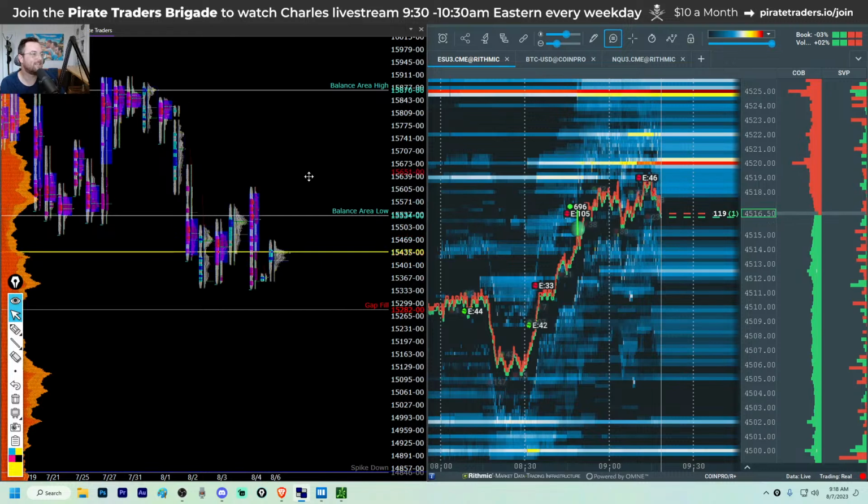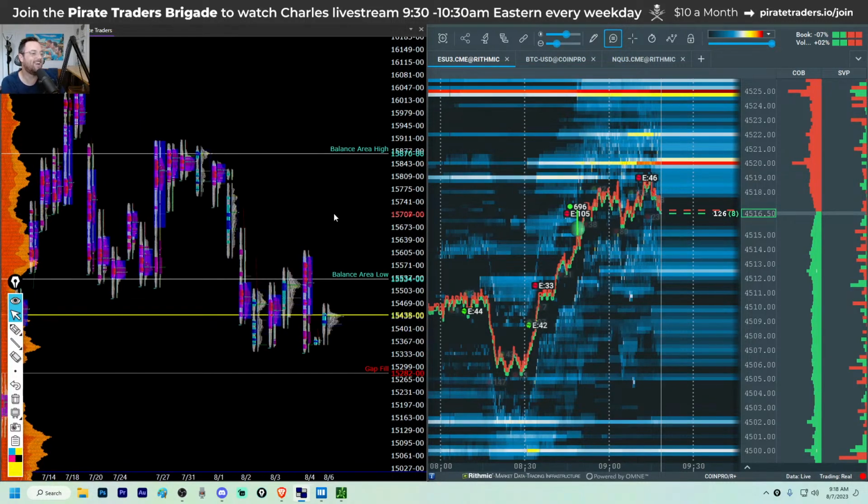Ironically, the NQ looks like the ES usually looks with its balance. That's so funny. Anyway, what you've got on the NQ is we had this balance area.